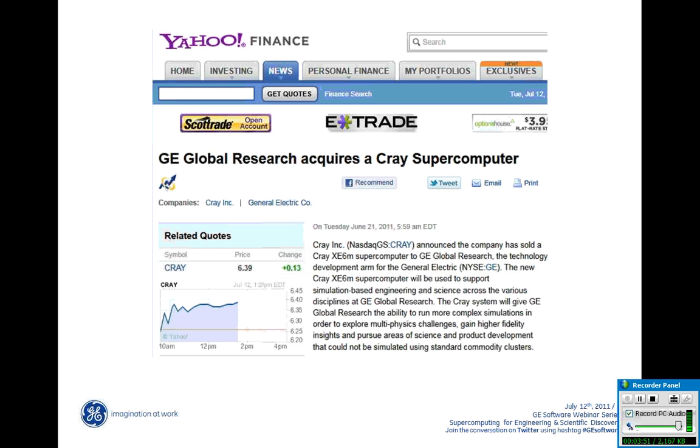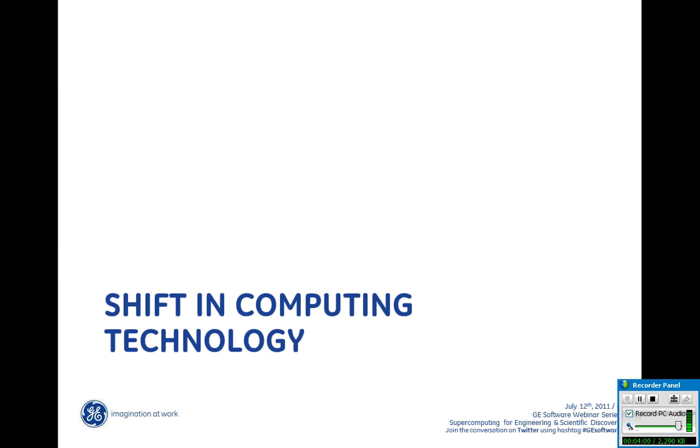So we're investing in this area and have a lot of belief in this as a way to progress science and engineering. So I want to first just talk about computing technology and some of the trends that are leading us to the kinds of work that my group has had to do to enable this.